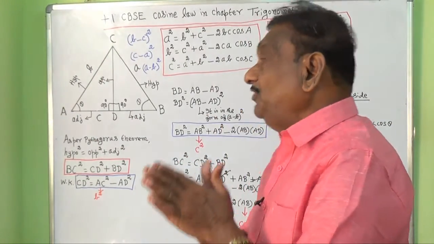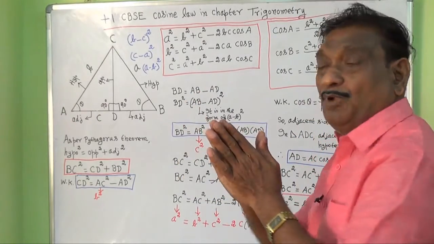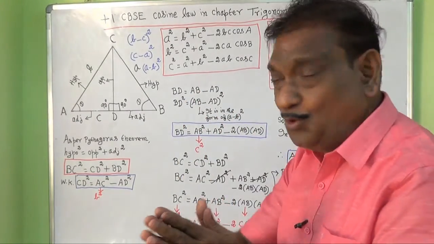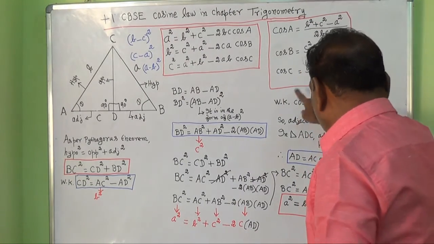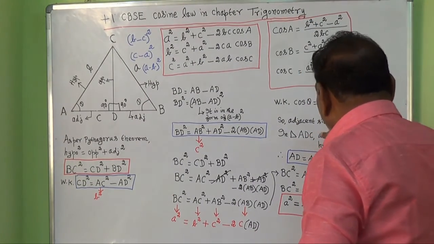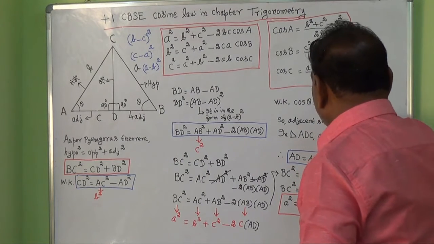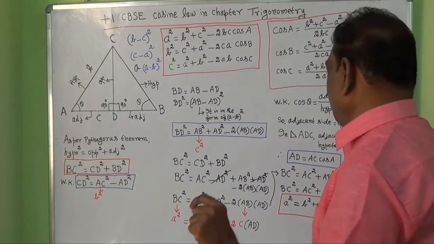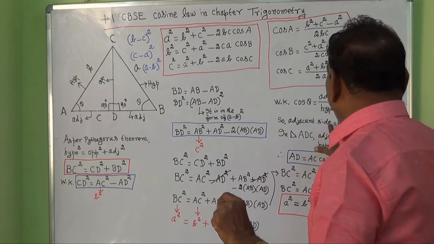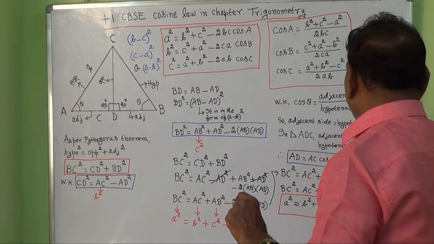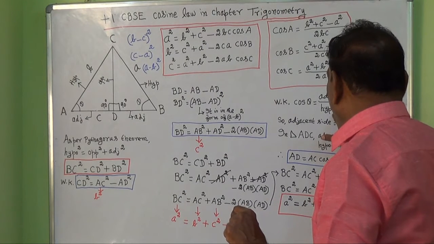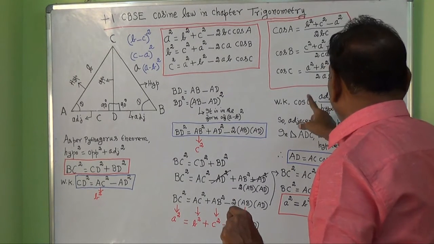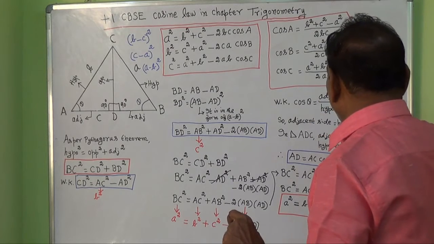How? We know that the formula for cos theta equal to adjacent side by hypotenuse. From this formula we can write for the adjacent side, that is the adjacent side equal to hypotenuse into cos theta. If we take this denominator hypotenuse to the left side, we will get hypotenuse into cos theta.